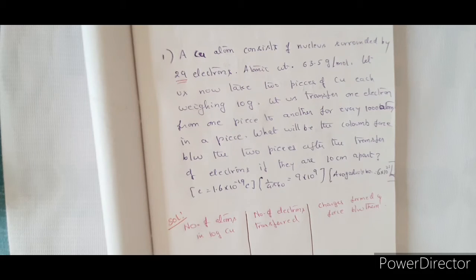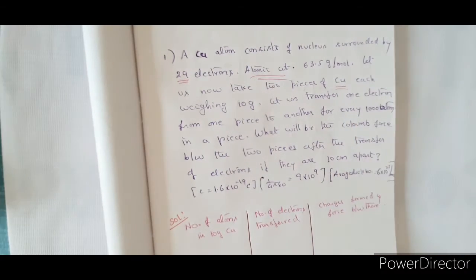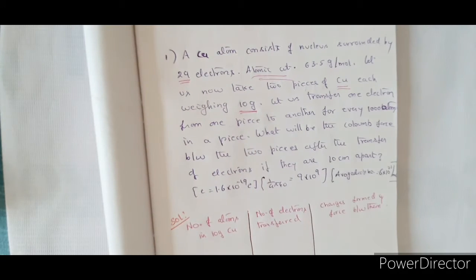Let us now take two pieces of copper, each weighing 10 gram. Let us transfer one electron from every 1000 atoms in one piece to the other. What will be the Coulomb force between the two pieces after transfer of electrons if they are 10 centimeter apart?